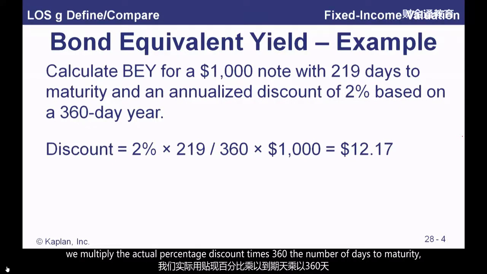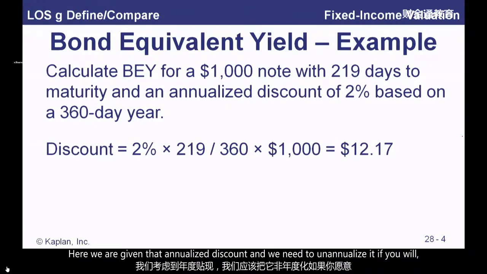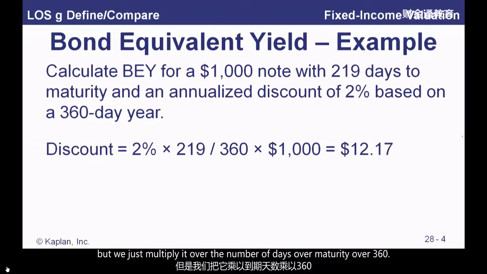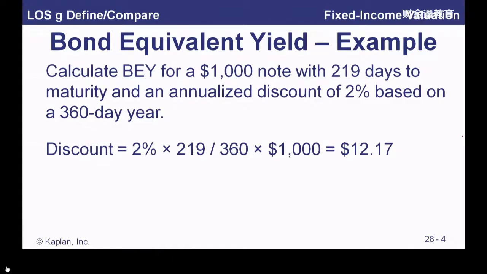We multiplied the actual percentage discount times 360 over the number of days to maturity to annualize it. Here we're given that annualized discount, and we need to unannualize it, if you will. So we just multiply it by the number of days to maturity over 360 and find out the actual discount from a face value of $1,000 will be $12.17.